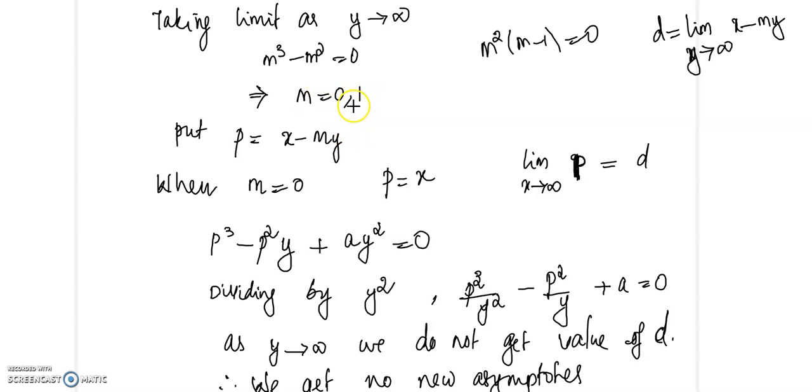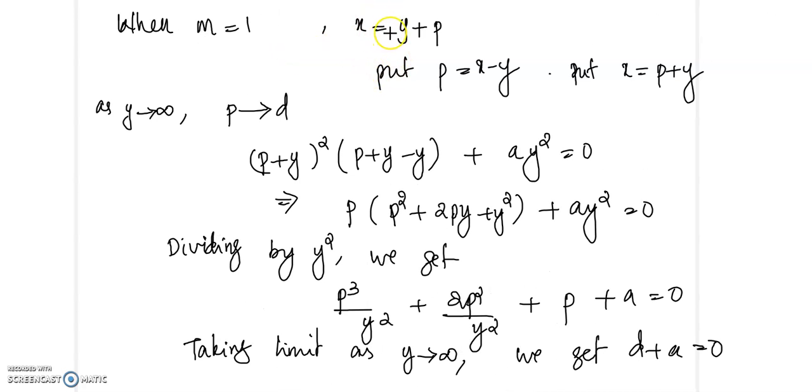Now let us look at the case where m is equal to 1. If m equal to 1, again take p, so p is x minus y.